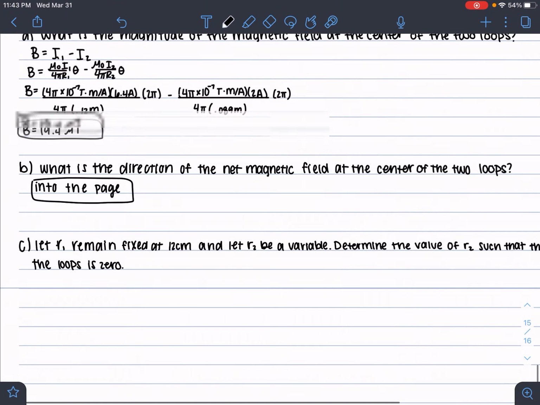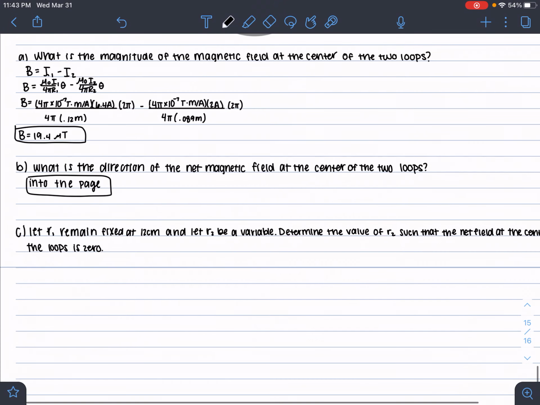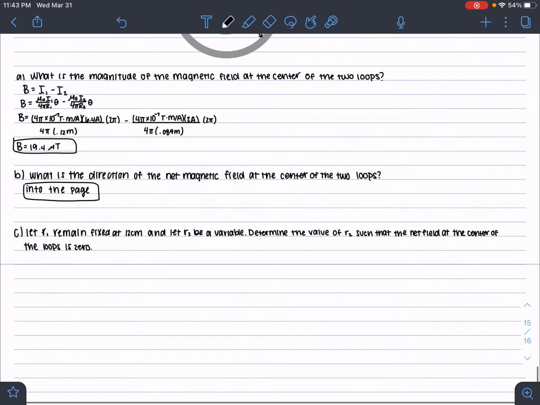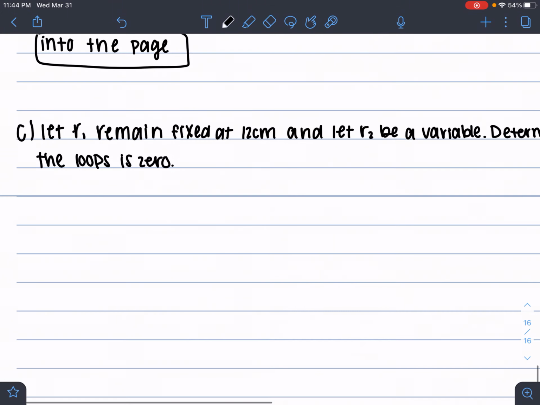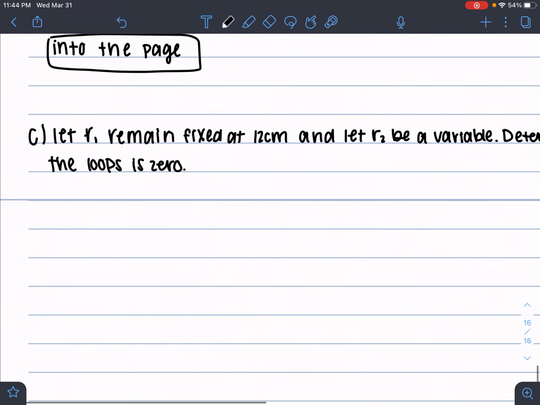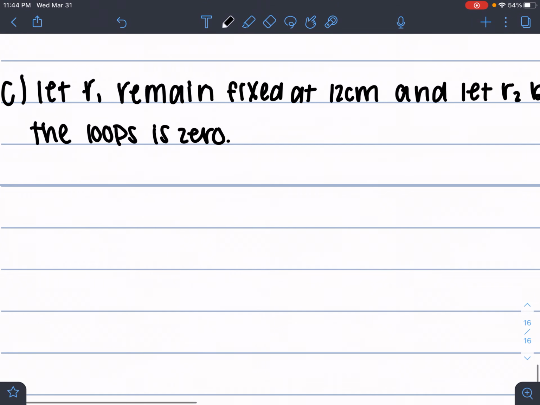Okay, and then part C, let R1 remain fixed at 12 centimeters and R2 be a variable. Determine the value of R2 such that the net field at the center of the loops is 0. So I just set the equation that I used before equal to 0.